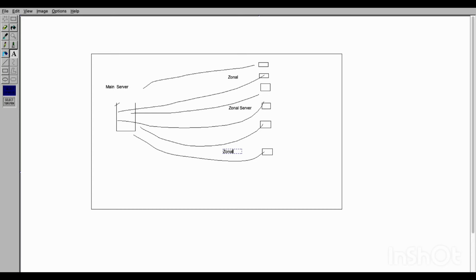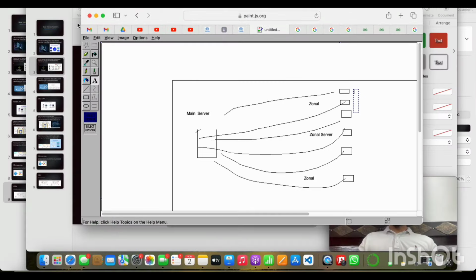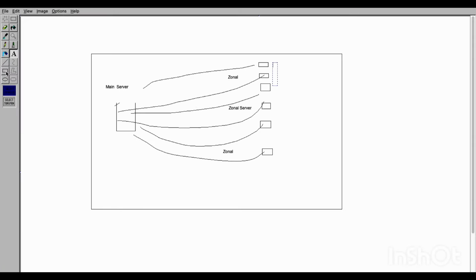So there are three zonal servers, or they are called edge servers. Whenever these three users have an issue, it will go to this edge server. These two users, it will go to this edge server. These users, it will go to this edge server. So it will reduce the latency and the load on the main server. This is called CDN.